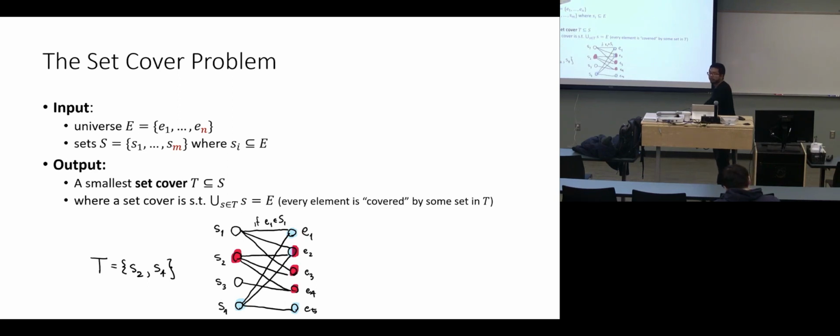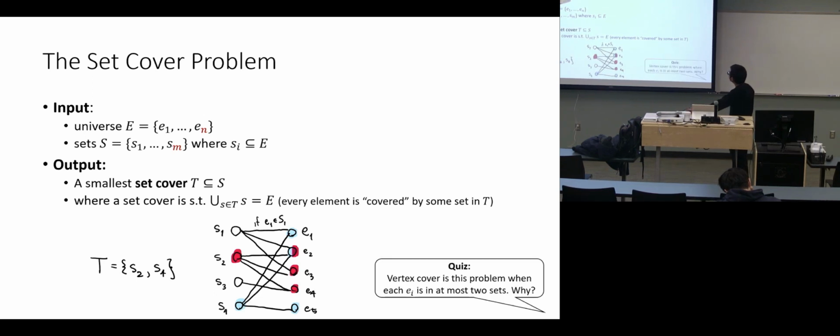Any question about the problem statement? Make sense? Okay, good. So let me ask you a quiz, a simple question. I claim that this problem is really related to the vertex cover that we have seen.